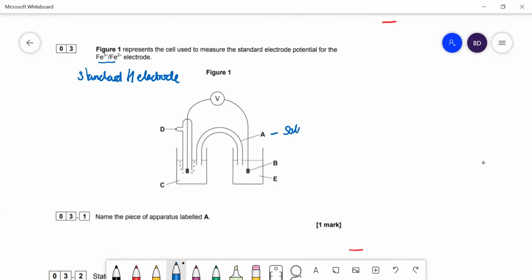It's the salt bridge. So you're going to have some kind of cotton wool in a glass tube there, cotton wool soaked in potassium nitrate or something. Again, this is another required practical. This is to set up, well, you don't use a standard hydrogen electrode, but you do set up a cell.